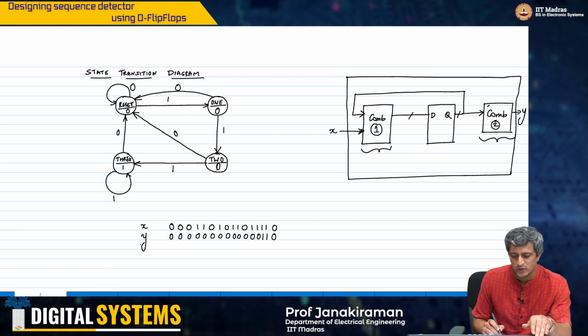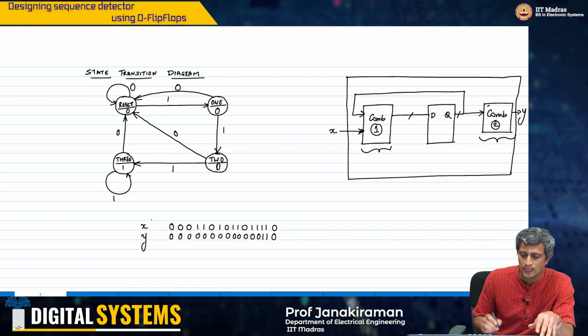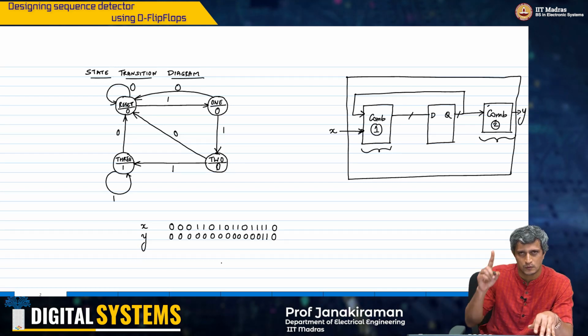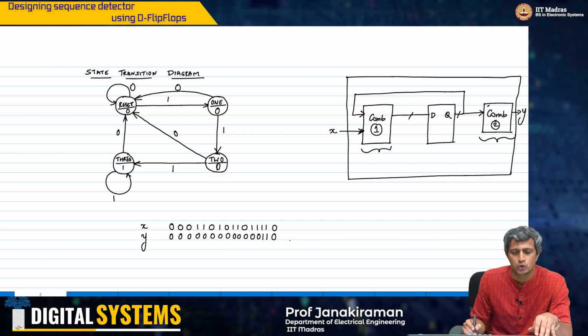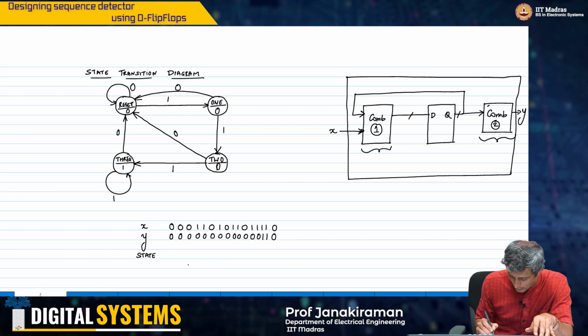And if I look at the states, now what I want to do is I will call this reset state as state 0, and the other states numerically 1, 2 and 3, I'm going to call it like that. So this is my x, this is my state, okay.